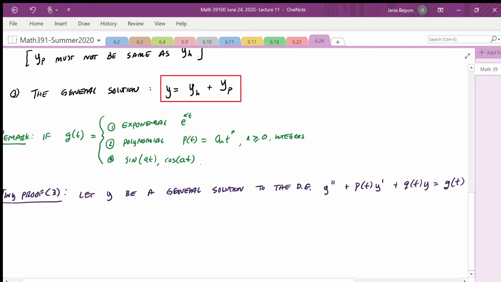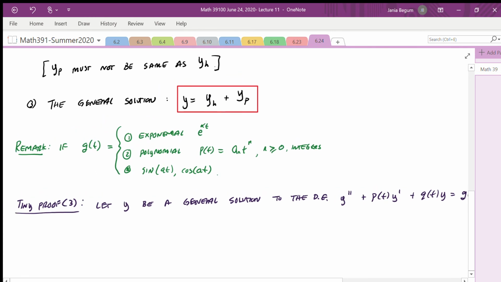So let yp be a particular solution. Then let's note the following, okay?